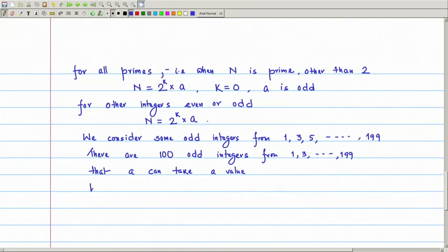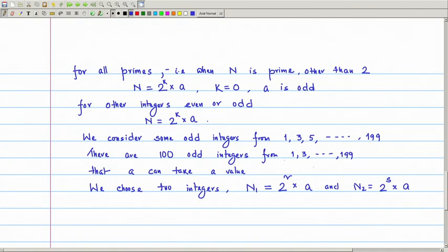Now, say we choose two integers, n1 equal to 2^r * a and n2 equal to 2^s * a.